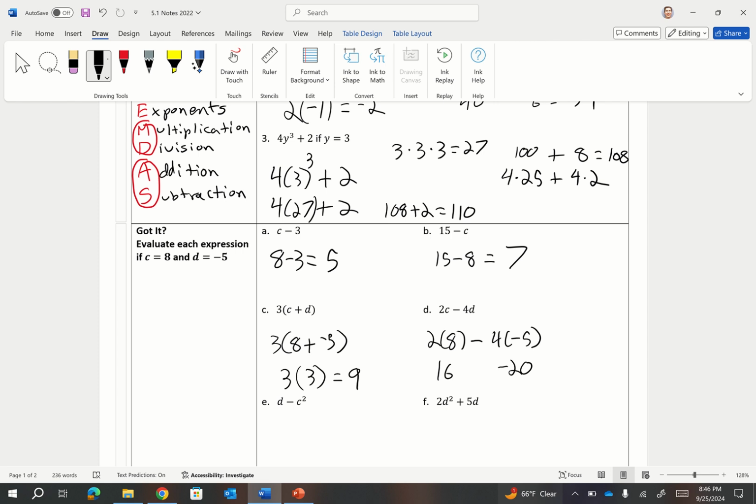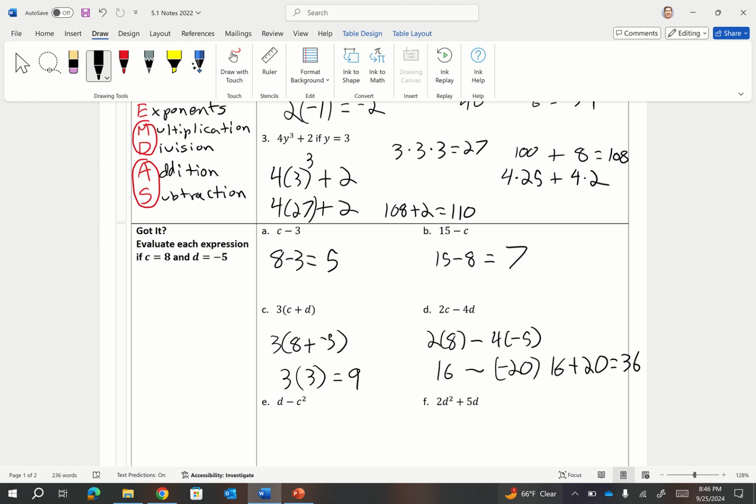Okay, so 4 times -5 is -20, and we also have subtraction. So hopefully we're remembering now what we do when we have minus a negative. That's actually going to turn into plus 20. Okay, keep, change. We get 16 plus 20. 16 plus 20 is 36.